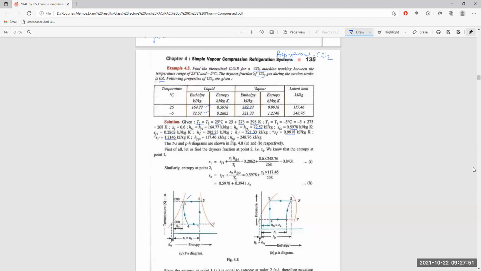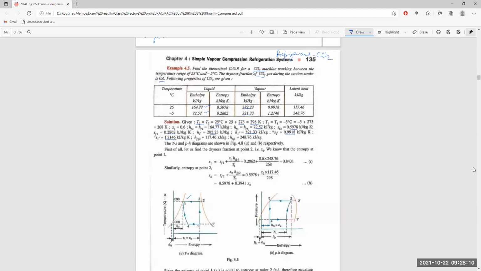And what will be the latent heat of vaporization, or the latent heat of condensation, which is the difference between the enthalpy at point 1 and point 2 dash. So this is given separately.